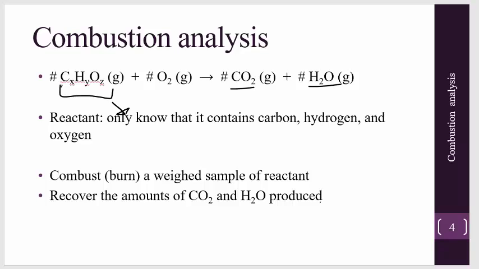It's some kind of unknown sample we want to measure, but we do know it contains carbon and hydrogen and oxygen. If we combust this, we first weigh it out and know exactly how much we burned. Then we recover the amount of carbon dioxide and water vapor that are produced from this reaction. And these are the three different pieces of information that we need.